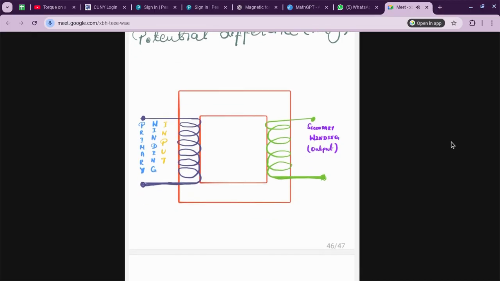So, in order to rectify this problem, they use a few insulators along the path of these loops in order to get rid of the short circuit.